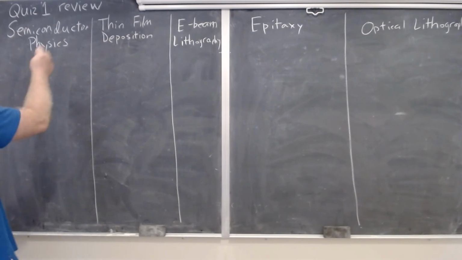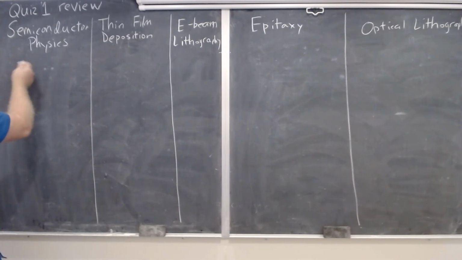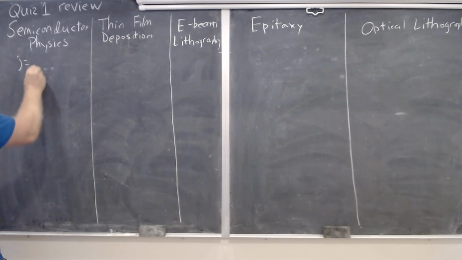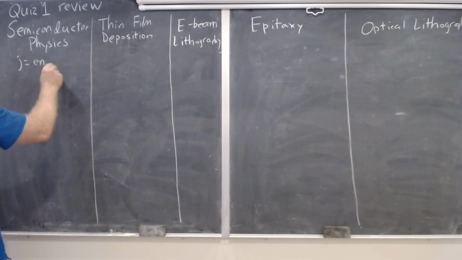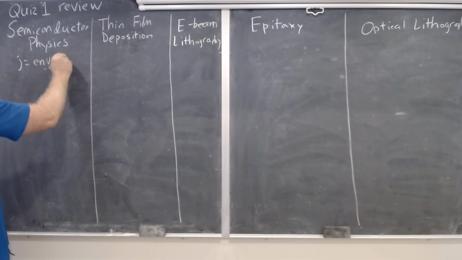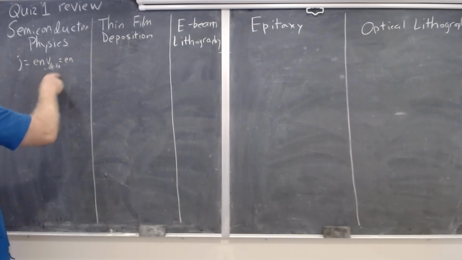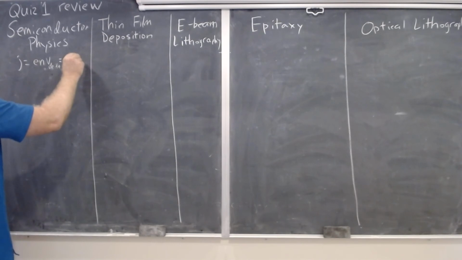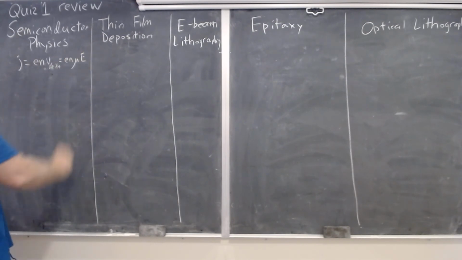You learned that the current density is the charge density, which I'm going to write as e n for electrons, times the drift velocity. And you learned that the drift velocity is given by the mobility times the electric field. And so that's sigma.